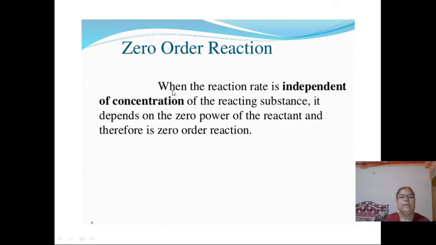I repeat, here the rate is independent of concentration. When the reaction rate does not depend on the concentration of the reactant substance, such reactions are called zero order reactions.